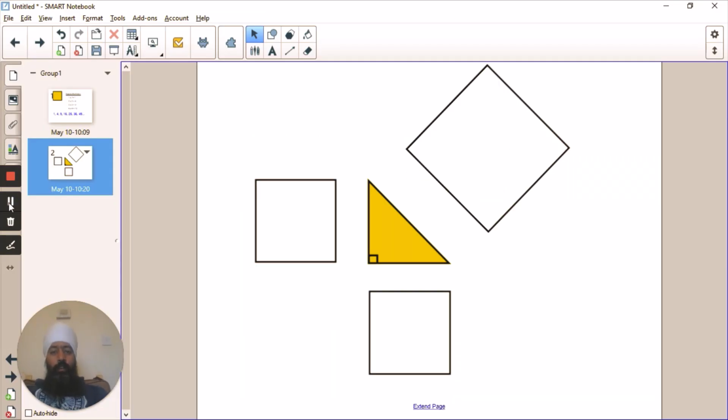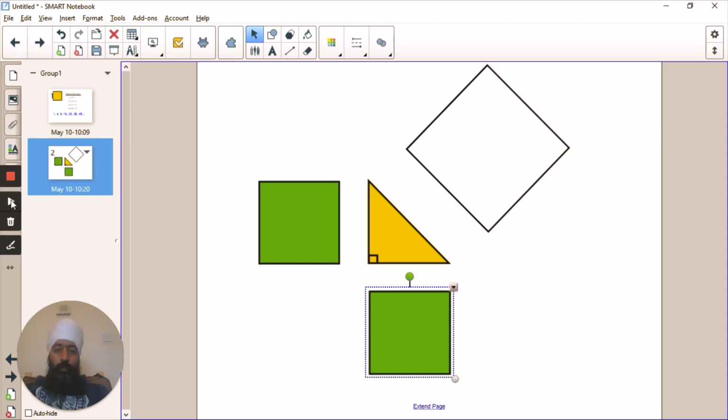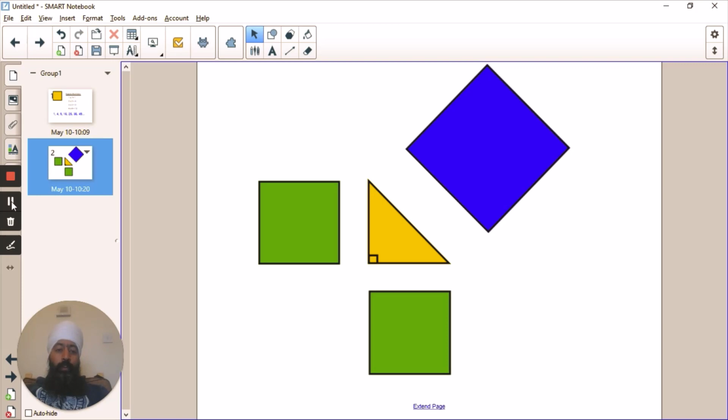Okay, well done. So Pythagoras' theorem states that if you were to work out the area of a square that has the same length as each of the shorter 2 sides of the triangle, these 2 squares would have the same total area as a square with side length of the biggest side of the right angle triangle.